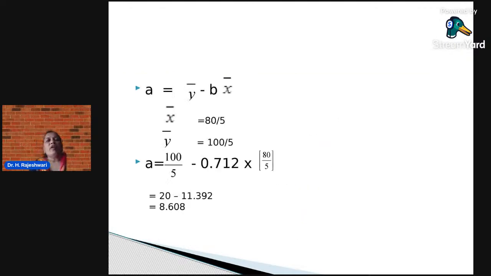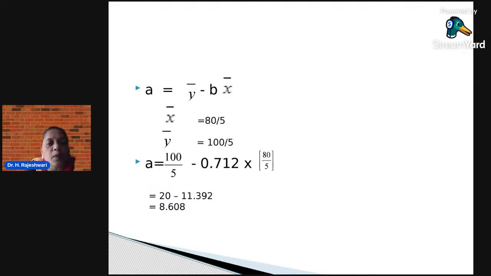Now, to find out the a value, we are using one more formula: a equal to y bar minus b x bar. What are y bar and x bar? They are nothing but the mean values. In the last class we discussed the mean, median and mode, right? So x bar and y bar are the mean values.